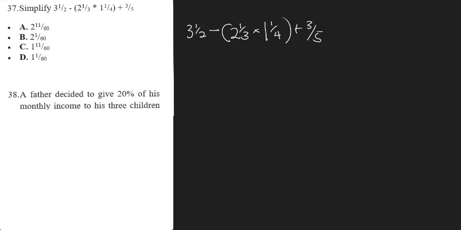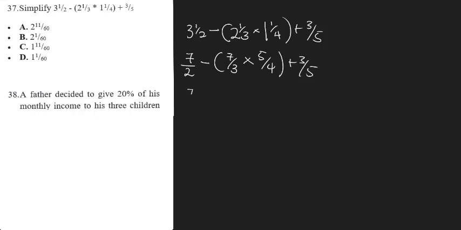Right, the next thing is to change the mixed fraction into improper fraction. We have 3 times 2 is 6 plus 1 is 7. So we have 7 over 2 minus, into bracket, 2 times 3 is 6 plus 1 is 7 over 3. Then we have times 1 times 4 is 4 plus 1 is 5 over 4. Close the bracket, plus 3 over 5.